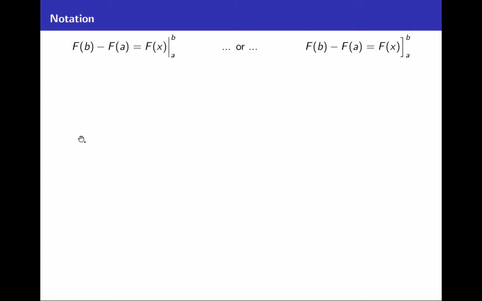So what I'm going to do in my lectures is write big F of B minus big F of A as big F of x from A to B, written this way, where that bracket is balanced. In the textbook, you'll be reading the other notation, but they mean exactly the same thing.